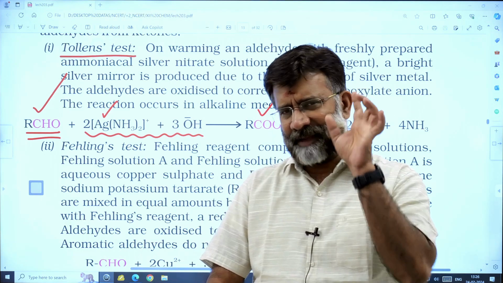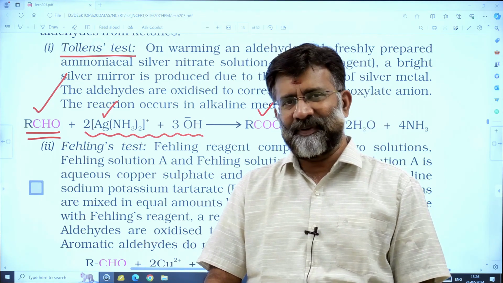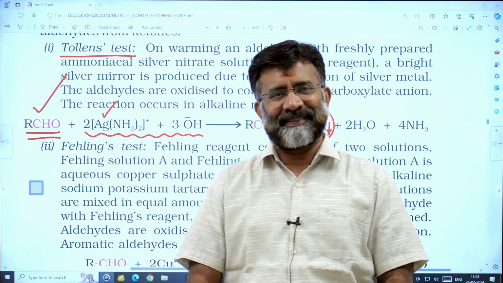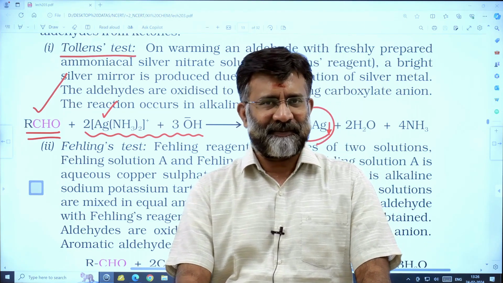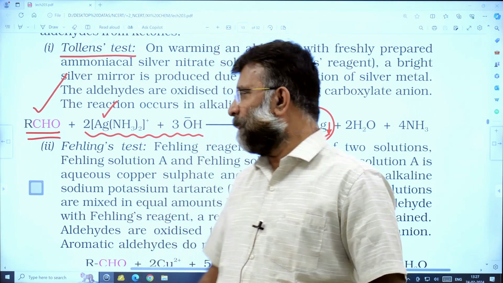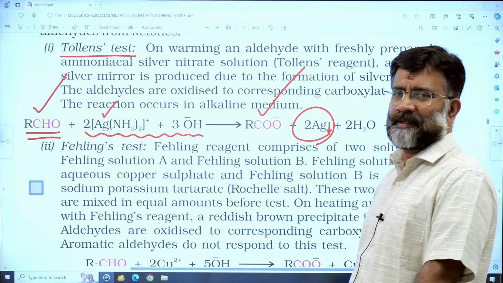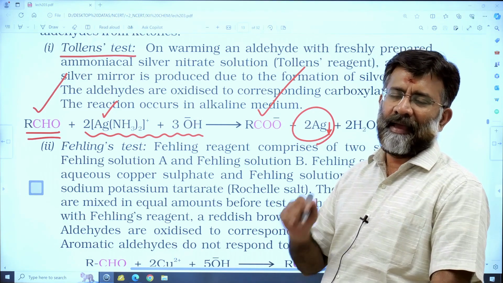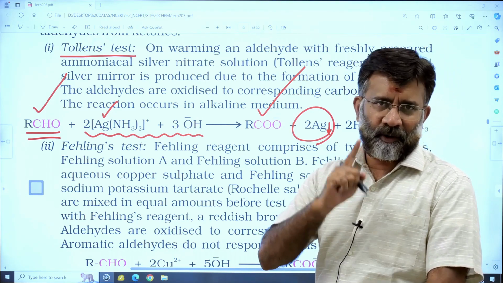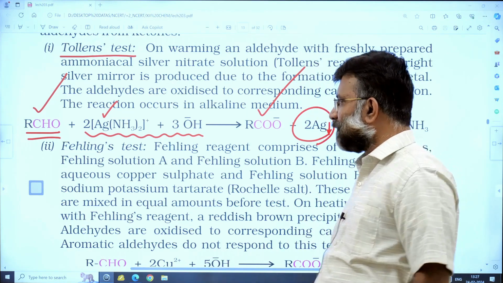Of course, that is competitively important. Anyway, coming to the conclusion: the tolerance test is answered by aldehydes, whether aliphatic or aromatic, while ketones will not give it.